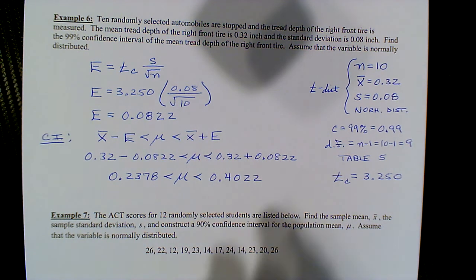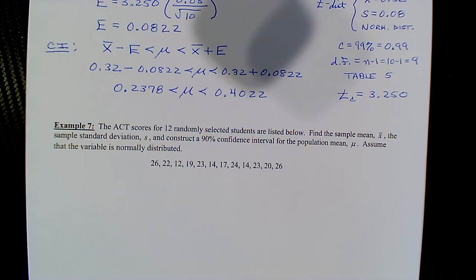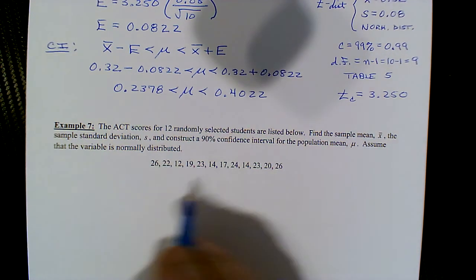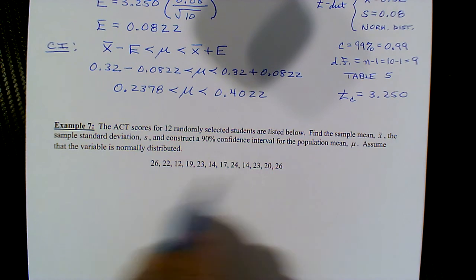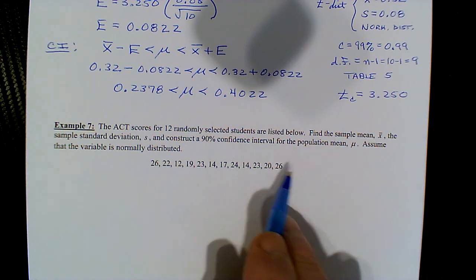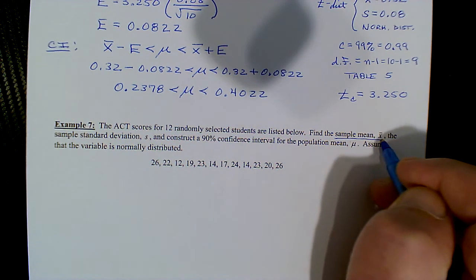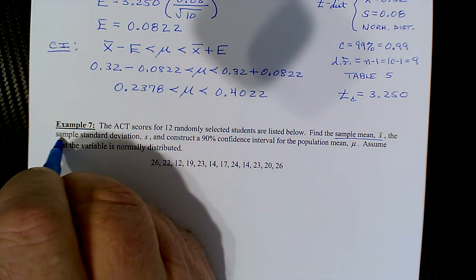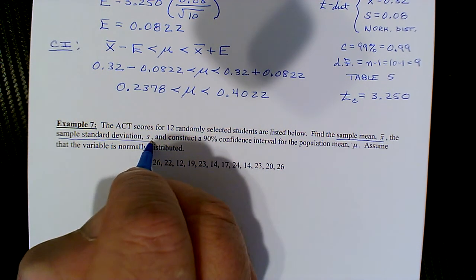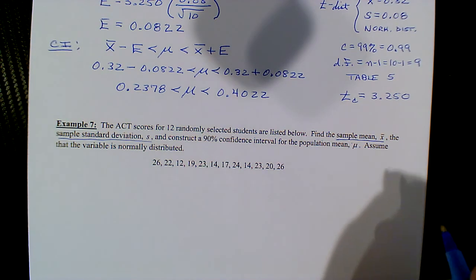So we want to first find the sample mean, x bar, and then the sample standard deviation, and then construct the 90% confidence interval, and assume the variable's normally distributed again. So if we count up the values, there's 1, 2, 3, 4, 5, 6, 7, 8, 9, 10, 11, 12. So n is 12.